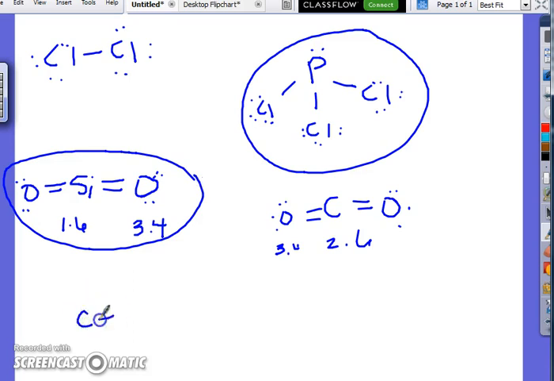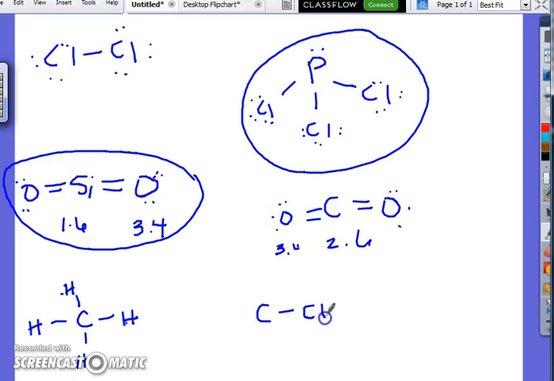Methane is just CH4. This one's pretty nonpolar, as you can see. No lone electrons, even distribution.